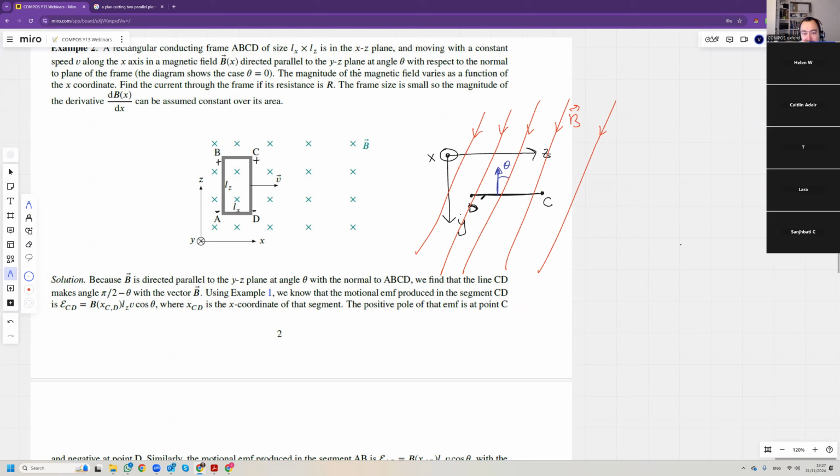And that means that this angle, DC, is pi over 2 minus theta. Does that clear things up? Okay, glad to be of help.